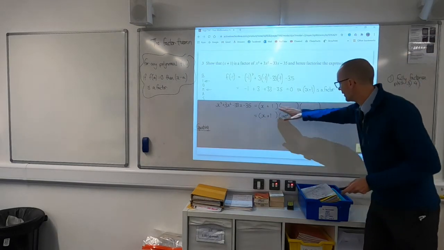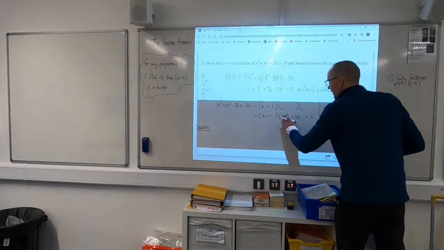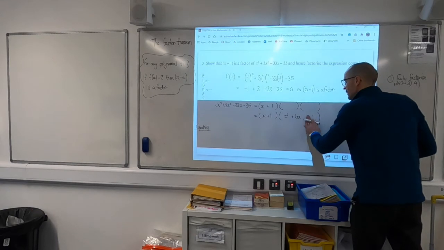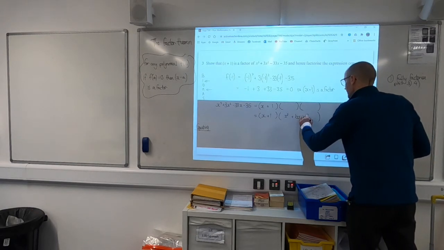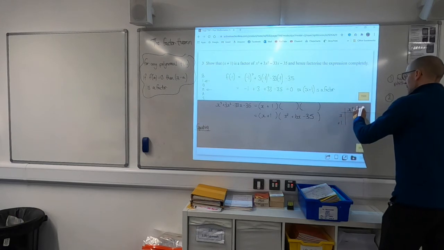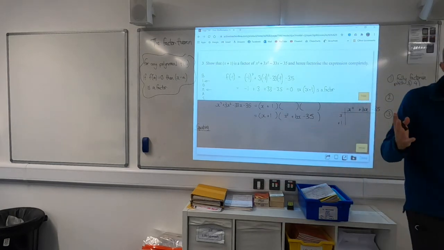So I know that this is true, I know that this is true. Again, single x squared, so I know I have got an a, and c has got to be -35. So I'm going to multiply that out, and then I'm going to equate, and just for the heck of it, this time I'm going to equate my x's, but it doesn't matter, x's or x squareds.